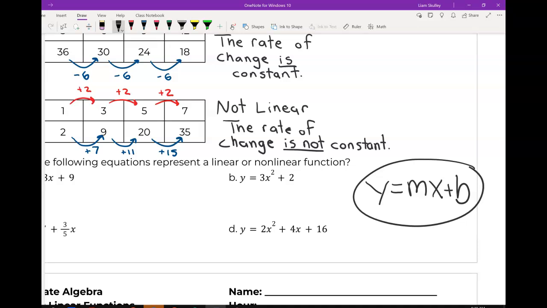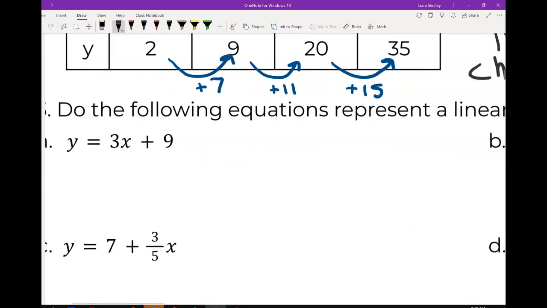So starting off easy, example A, we have y is equal to 3x plus 9. Well, this fits as is the form of a linear equation, where 3 would be our m, 9 would be our b, we have our y and our x.